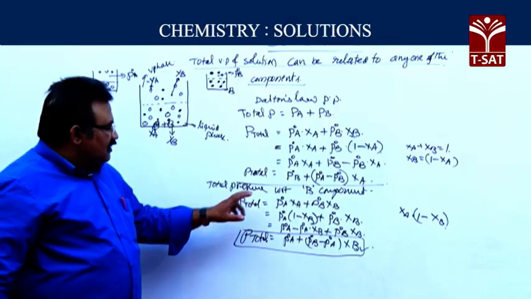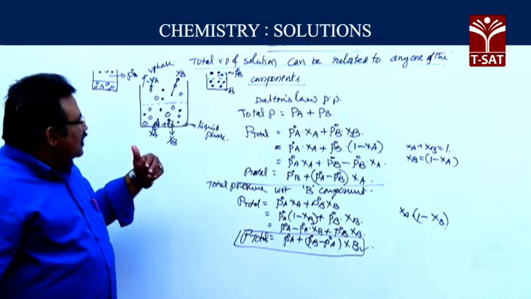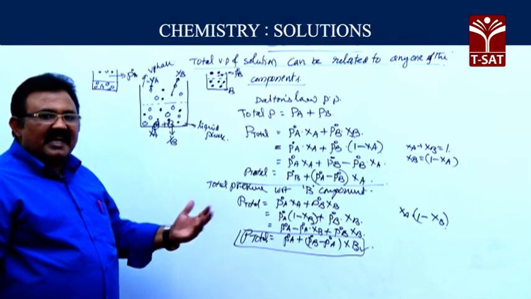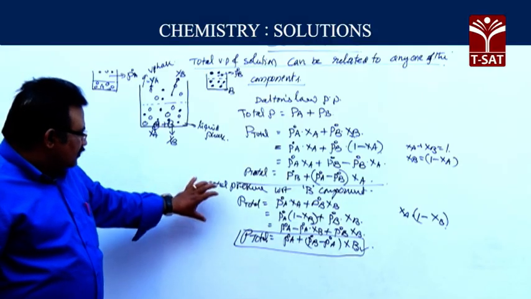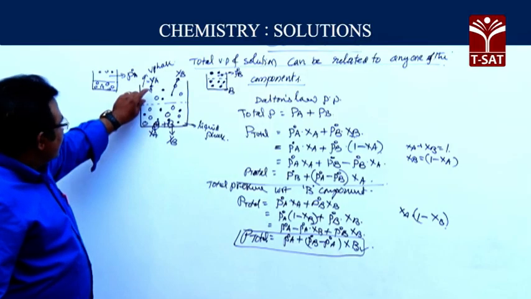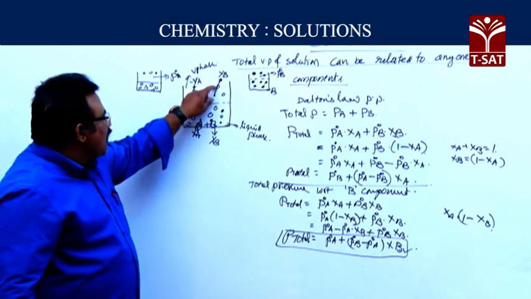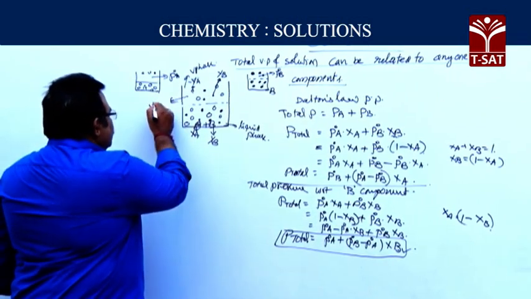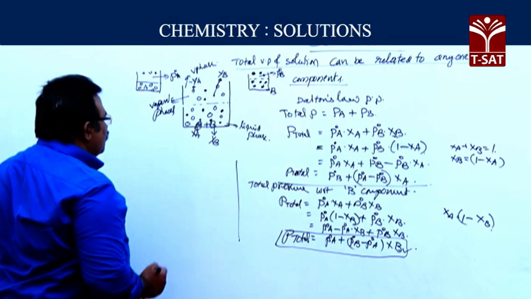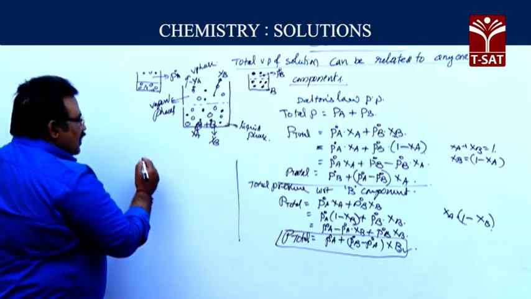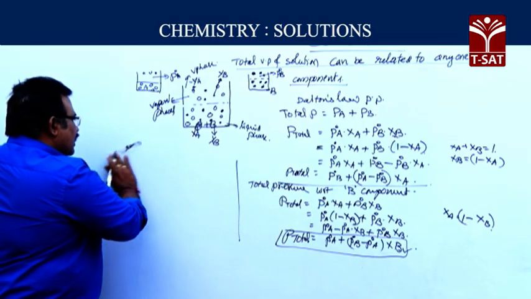In this way, Raoult's law is more advantageous and has a wide range of applications than Henry's law. Now, basing on this, we can calculate the composition of the vapor in the vapor phase. This is the vapor phase. So, the composition of the component A in vapor phase is calculated as YA.